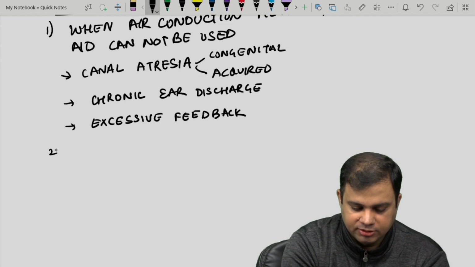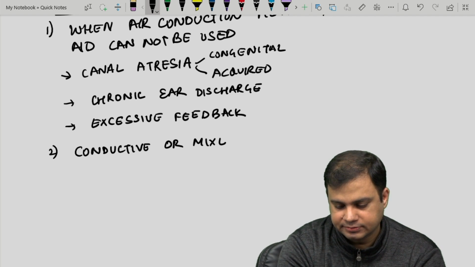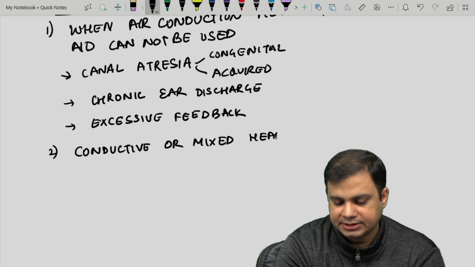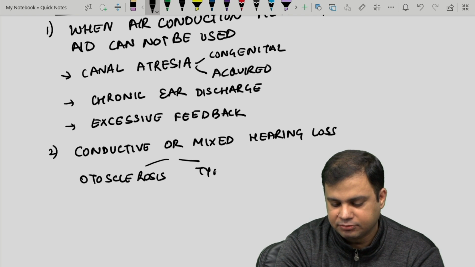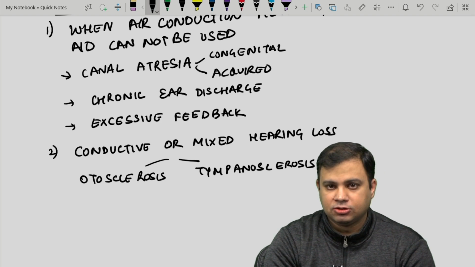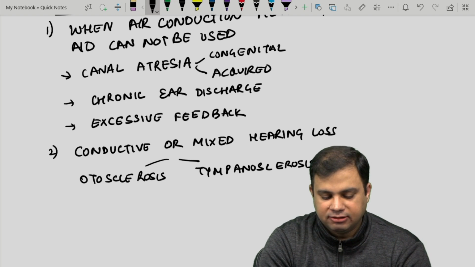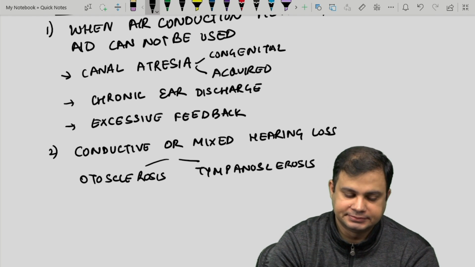Second is coming to the middle ear, when there is a conductive or mixed hearing loss. Now, the conditions where in the middle ear it will be present are otosclerosis and tympanosclerosis. Though in otosclerosis we can do stapedotomy and put a piston, if given an option, we have to give the option to the patient that we can also use BAHA.